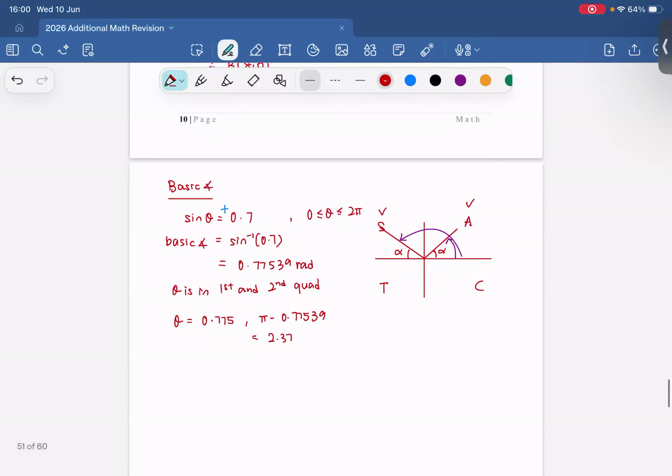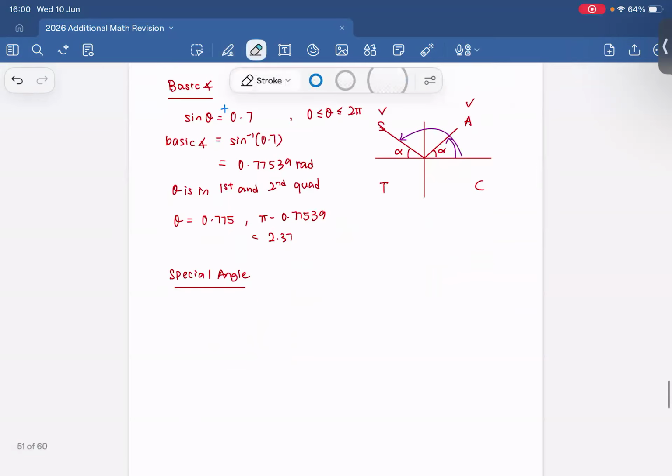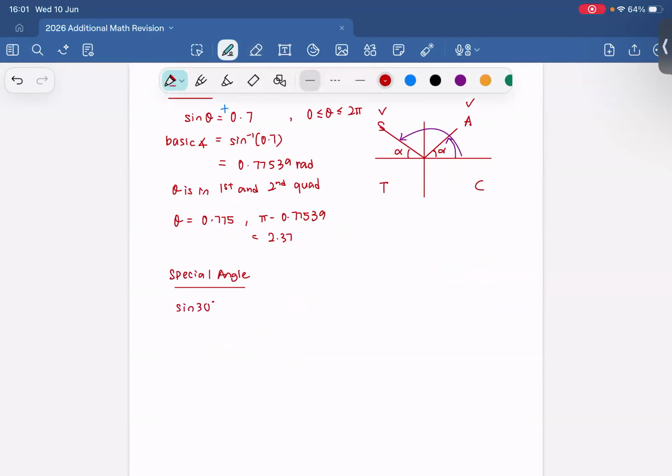Okay, next we have our special angles. We went through this a bit in your certs. So we know that sine 30 degree, or in A math we also use pi over 6, is equal to half. Sine 60, which is sine pi over 3, is square root 3 over 2.